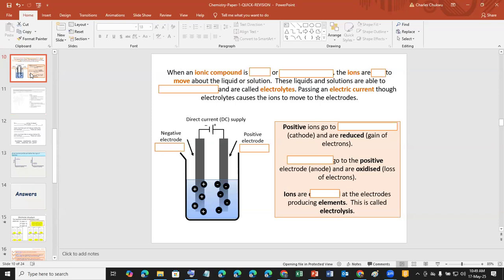Addition of oxygen, removal of hydrogen, loss of electrons. While reduction, which is the opposite of oxidation, is removal of oxygen, addition of hydrogen, and gain of electrons.